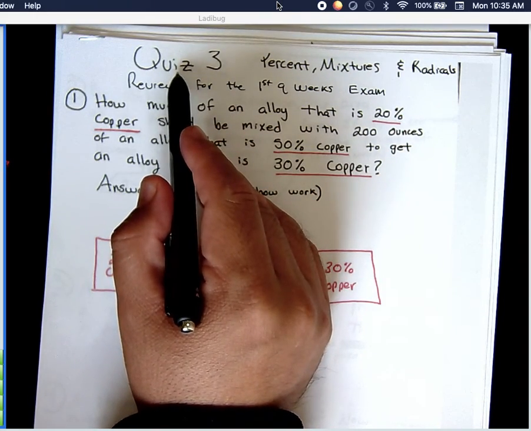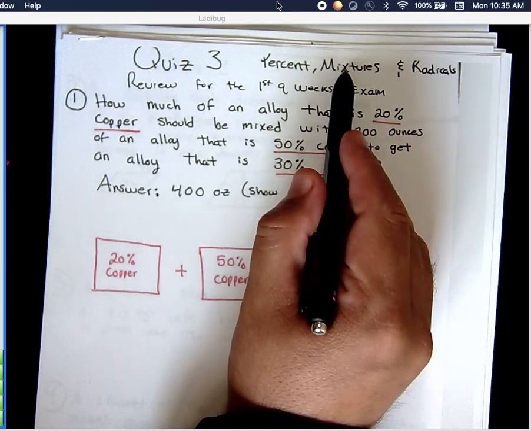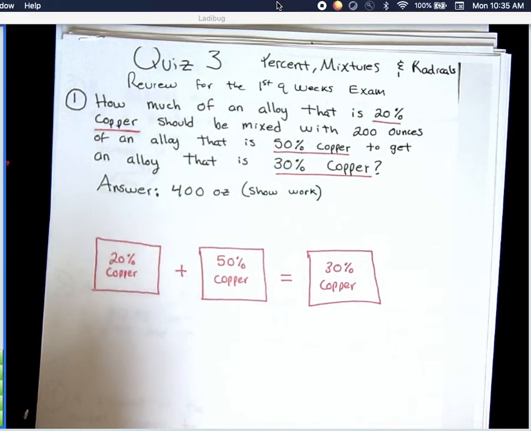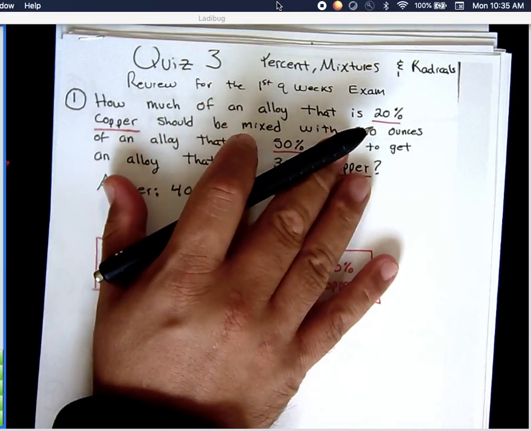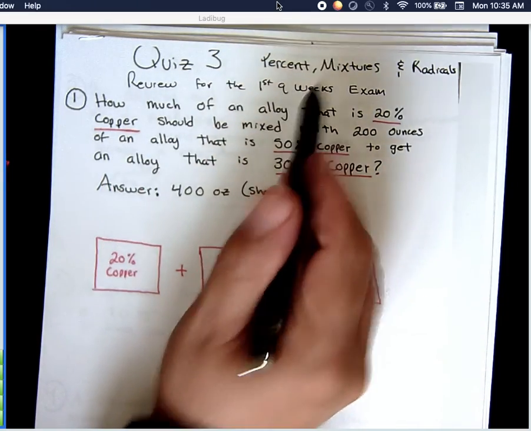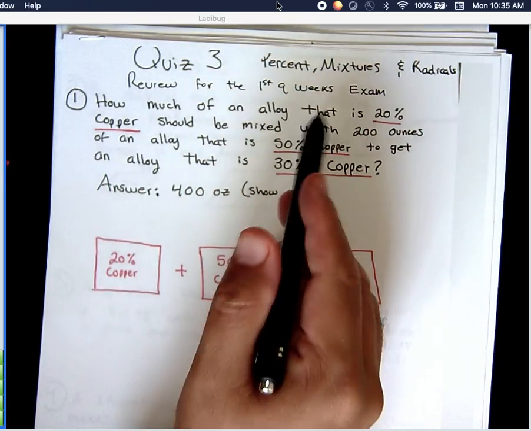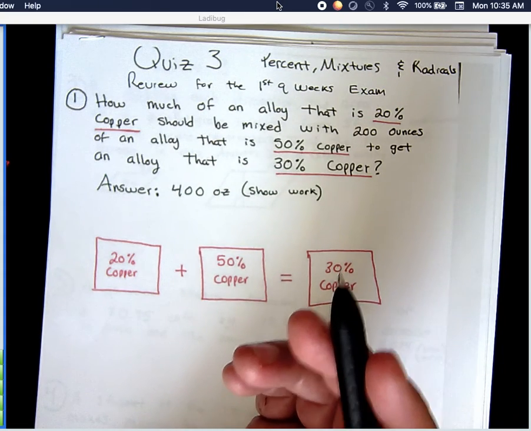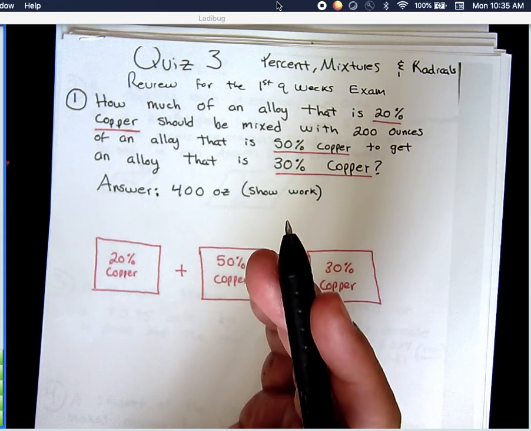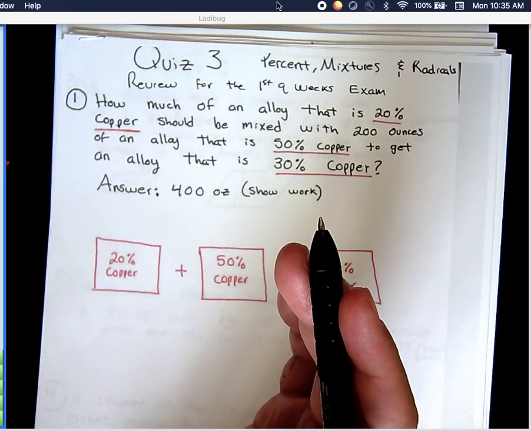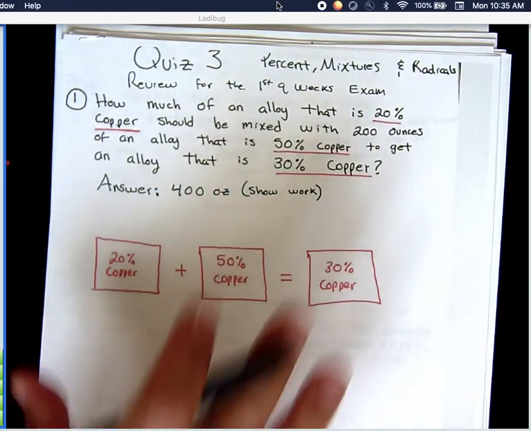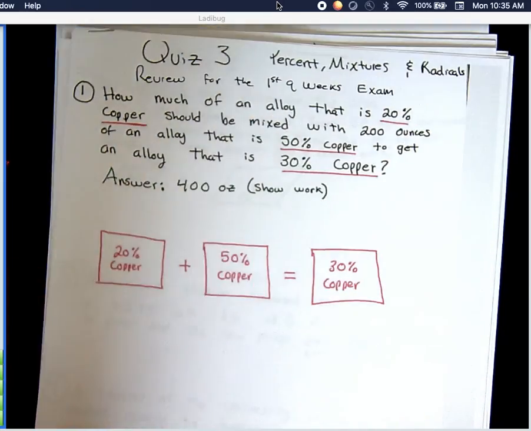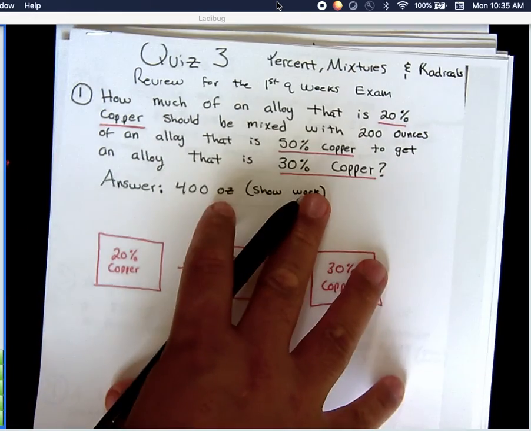Quiz 3 is only on these 3 things, but that's the bulk of the 9 weeks exam, and there are only 3 questions on the other stuff. I think I put 2 exponent questions and 1 order of operations question. So by doing this, you should be fine for the test if you follow this review.